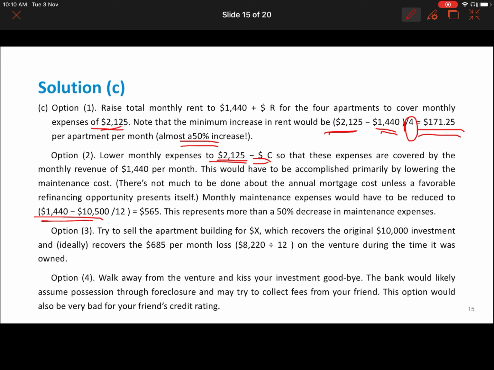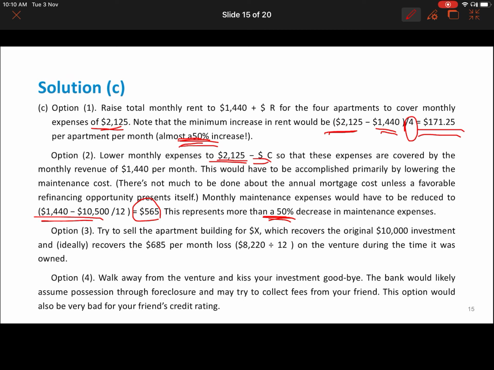We need to reduce the maintenance per month by $565, which means it's 50% to decrease the maintenance. Again, almost the same. Either increase the rent by 50% or decrease the maintenance 50% from the current expense.